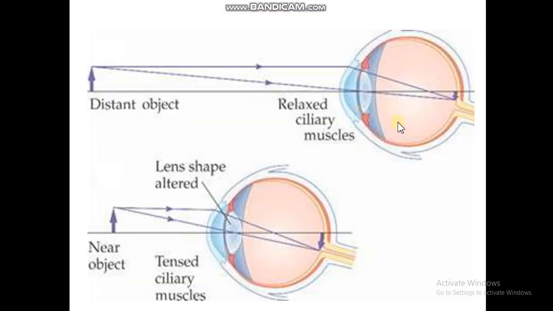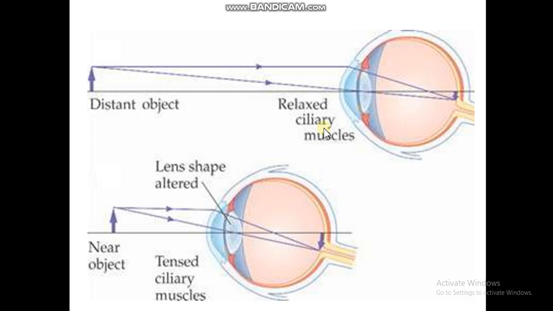Here you can see when the object is at a distant place, the shape of the lens is thinner, and when the object is near, the shape of the lens is thicker. Why does it happen?